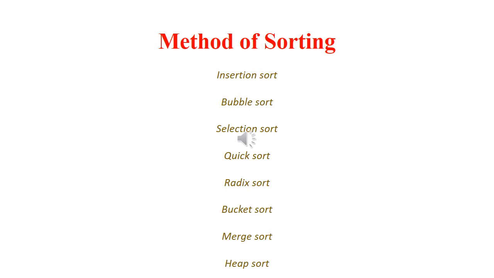Today we are studying selection sort, at third number. We are going to study selection sort, but it is not the only method. I have already listed about 8 methods here. There are different methods to sort a given array.